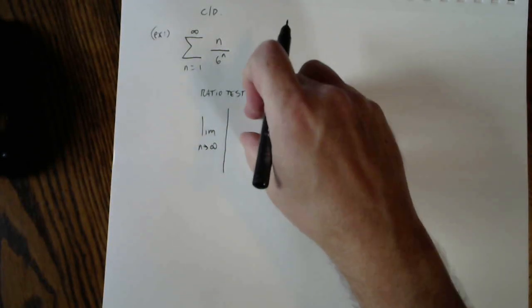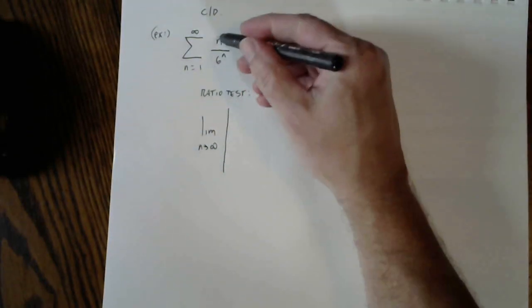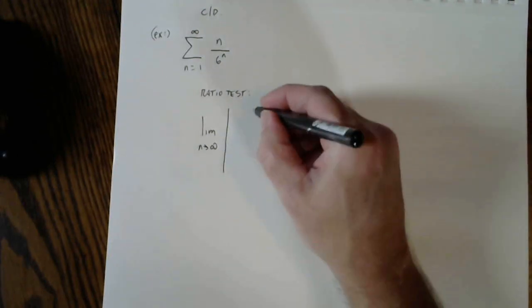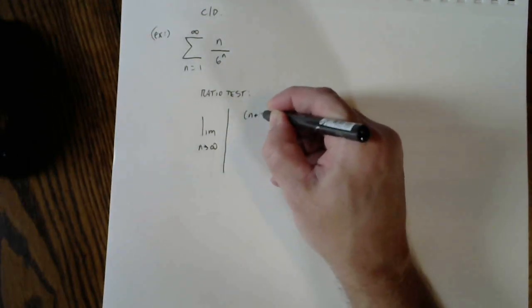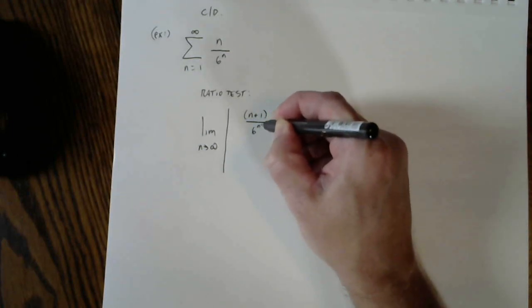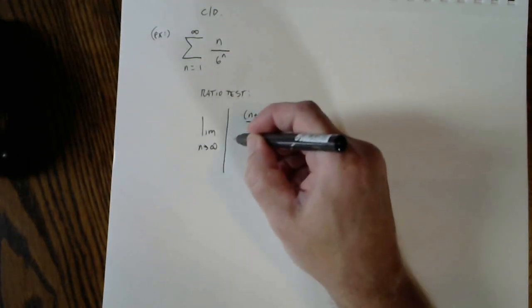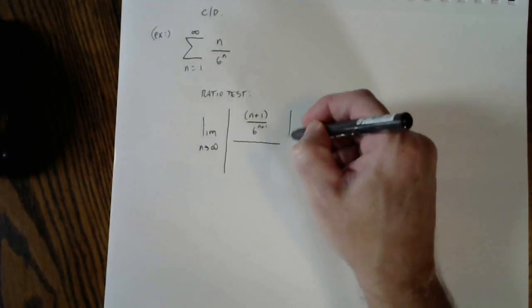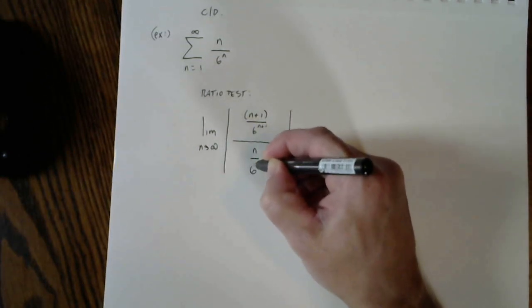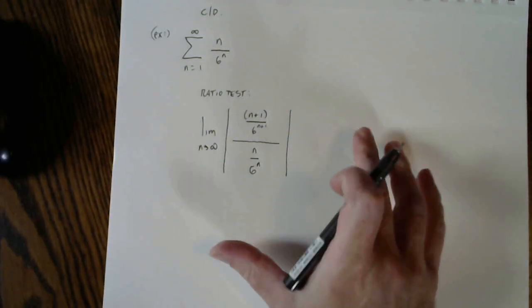So the term an plus 1 is this exact expression, but I'm going to move the n up 1 on the index. So I have n plus 1, and I have 6 to the n plus 1. Likewise, I'll have n over 6 to the n. So 2 points I want to make right off the bat.